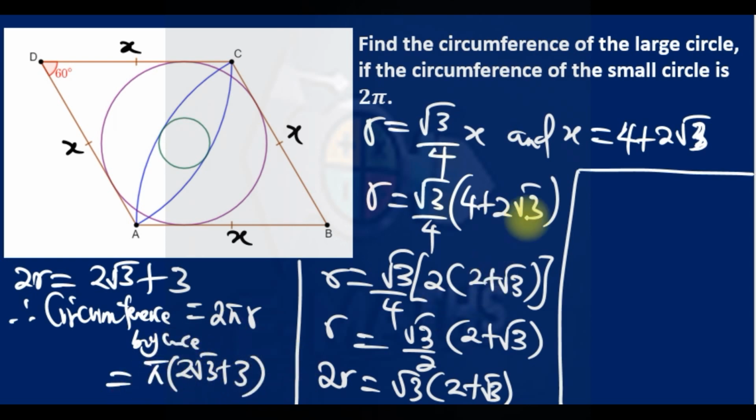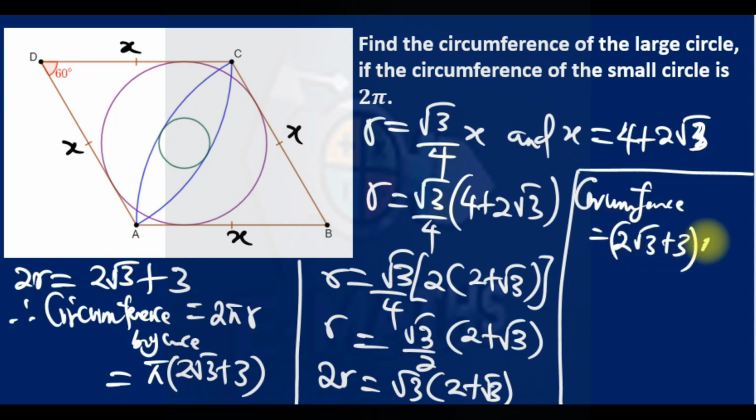So we can rewrite it as equal to 2 root 3 plus 3 times pi. So that's the answer. So I just partitioned the solution so that it will be easy for us to understand.